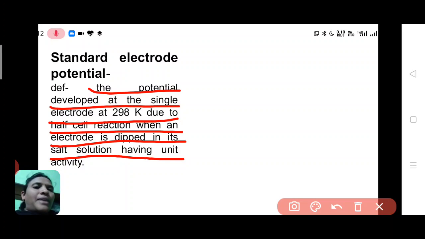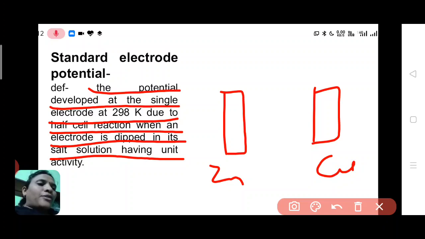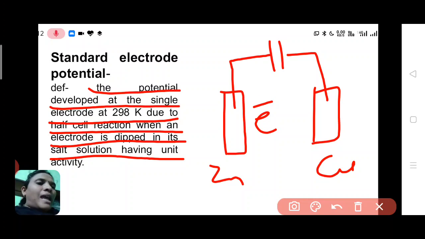See, consider this electrode zinc and this electrode copper. An electrode is nothing but a metal rod. So when zinc is connected with copper, zinc will lose electrons, and these electrons are transferred through this circuit and accepted by this copper.